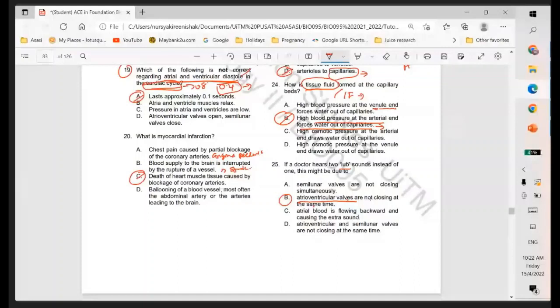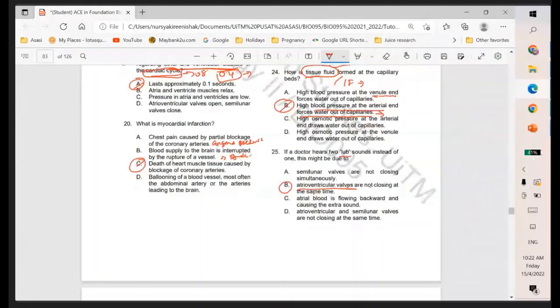So that is the answer B. The lap sound is due to the AV valves not closing at the same time. So the ventricle satu yang contract and then the other ventricle yang contract, so the AV valve close pada masa yang berlainan. So the answer will be B lah.